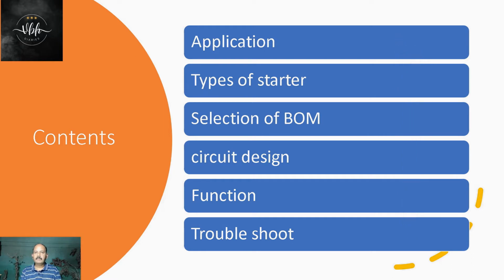The function of the circuit: how it functions, the basic things we need to understand for designing. Finally, troubleshooting: what issues we face during execution, during installation at site, and after installation also. I'll cover this completely.